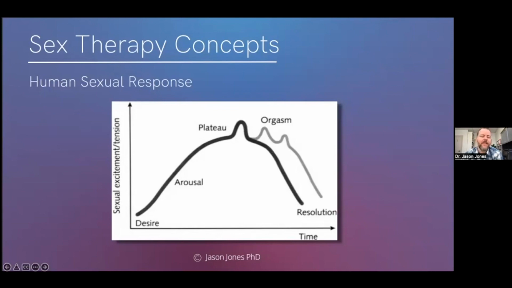They said this is how the human sexual response is supposed to look when everything's going well. You're supposed to have desire, and how they term that is you're supposed to have kind of a spontaneous desire from time to time, that it's just supposed to kind of appear somewhere, basically out of thin air, according to this model. So everybody gets desire, and then they go into an arousal state.